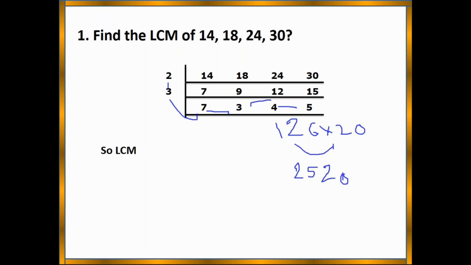LCM is equal to the multiplication of all the factors. Better to take prime factors: 2 into 3 into 7 into 3 into 4 into 5, which is 2520.